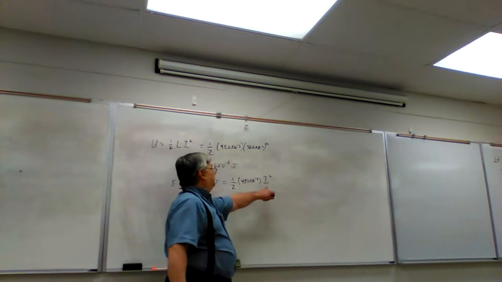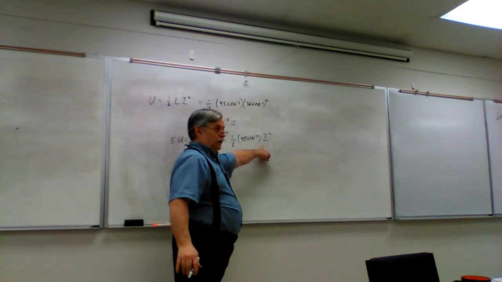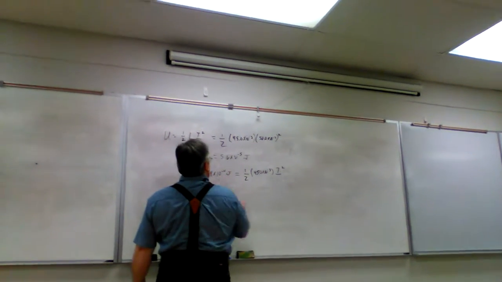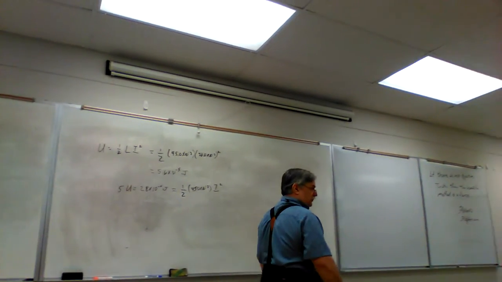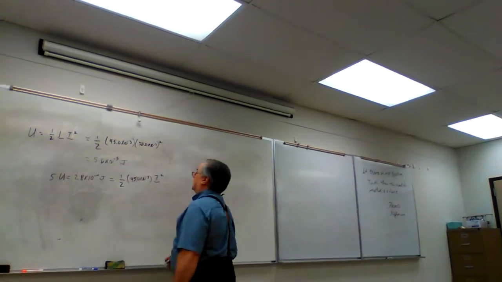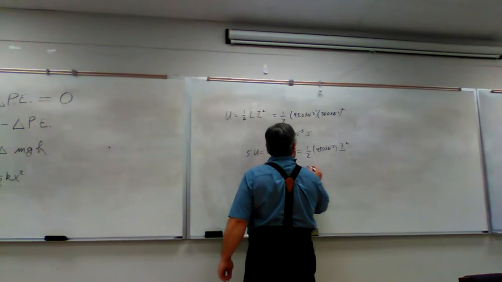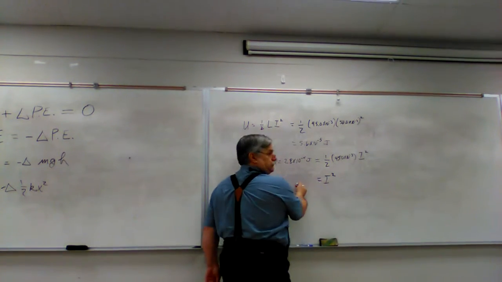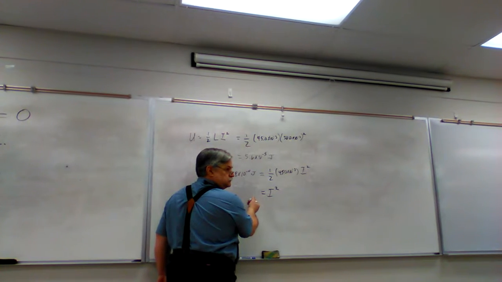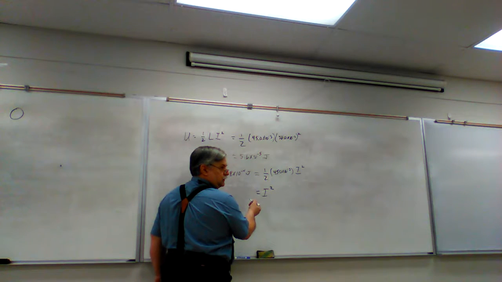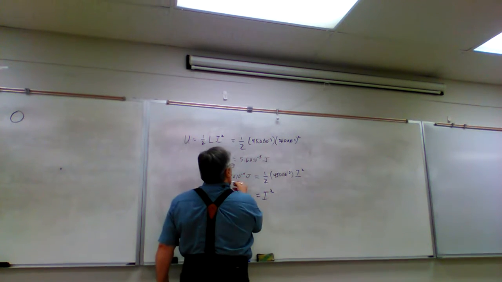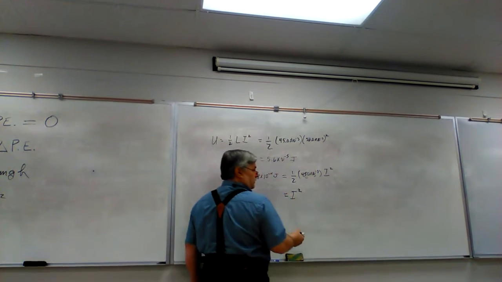So what we have to do is calculate the new I, the new current. It's going to be 2 times that divided by 45 times 10 to the minus 3. Comes out to I squared equals what? And then divide by 45 times 10 to the minus 3.